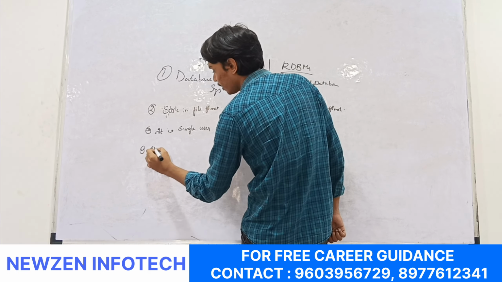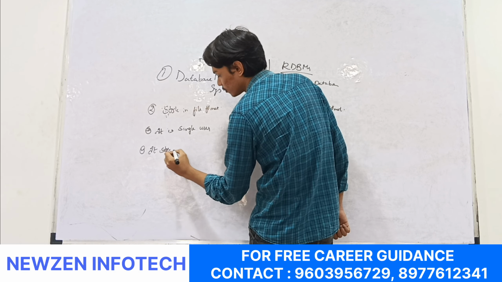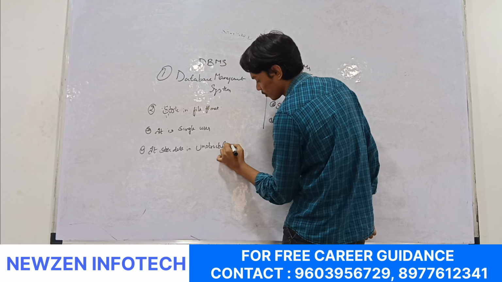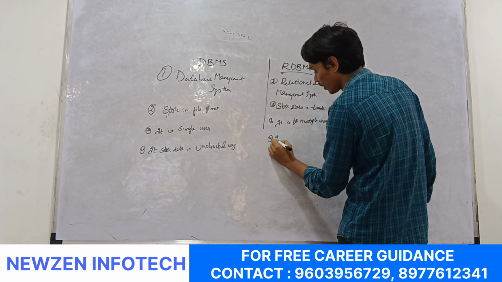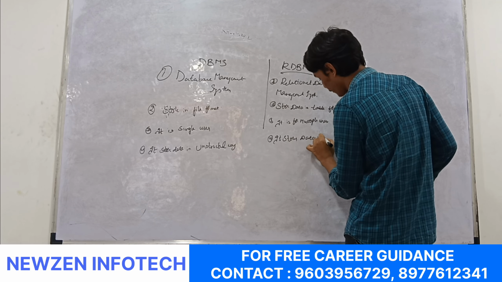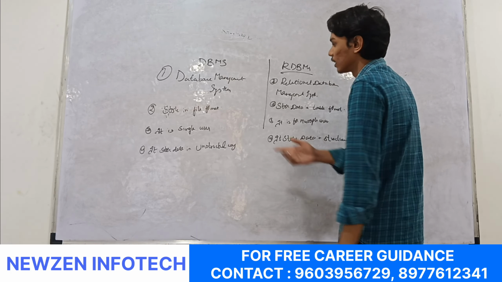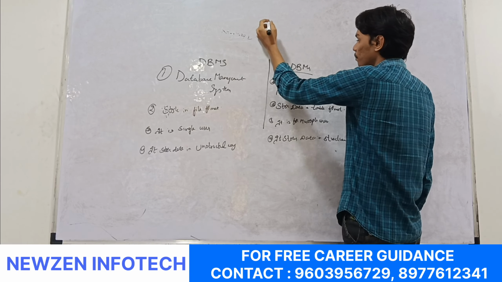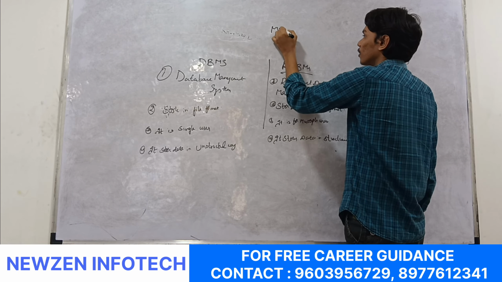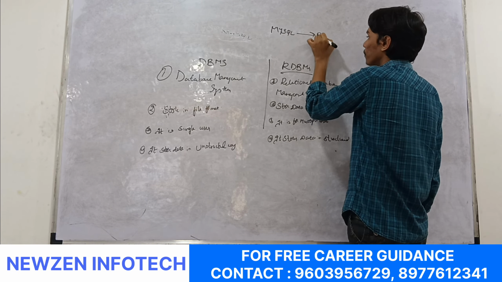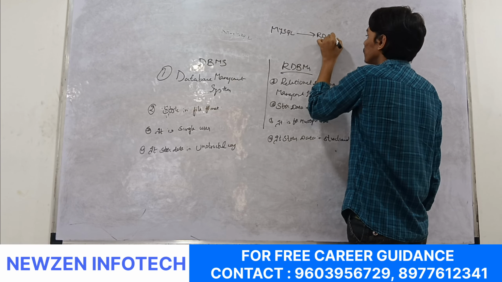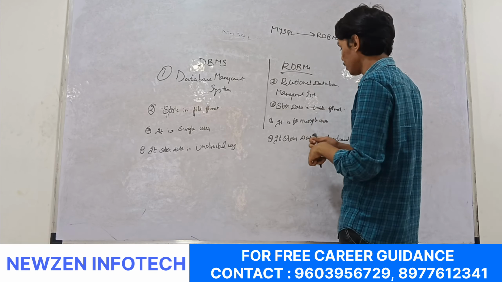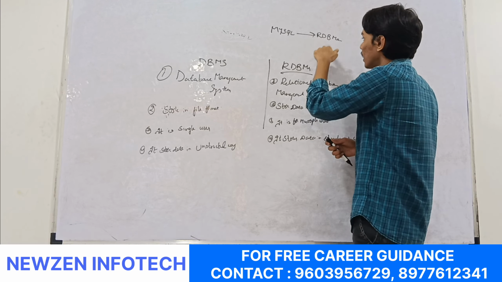DBMS stores the data in an unstructured way, but RDBMS stores the data in a structured way. These are the differences between DBMS and RDBMS. And MySQL comes under RDBMS, because in MySQL all data is stored in table format, so it is an RDBMS.